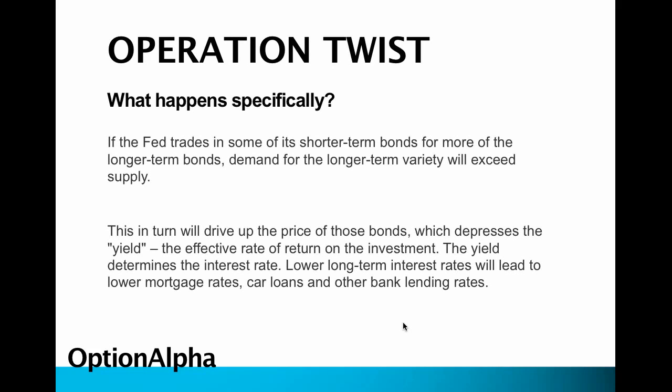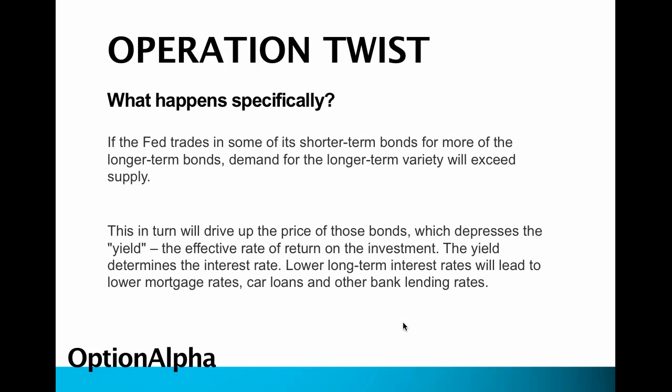So if we take a look at specifically what happens, just to get a complete understanding of this, the Fed trades in some of its shorter term bonds for more of the longer term bonds, then it takes some of those proceeds and buys longer term securities. As the demand for longer term securities goes up, that drives down the yield, or the effective rate of return on the investment. The yield is actually what determines interest rates in the market.